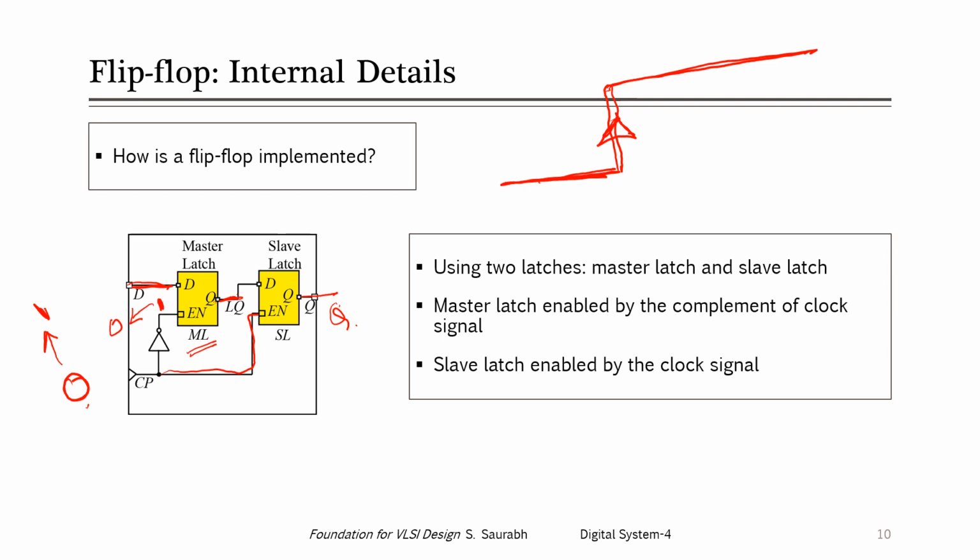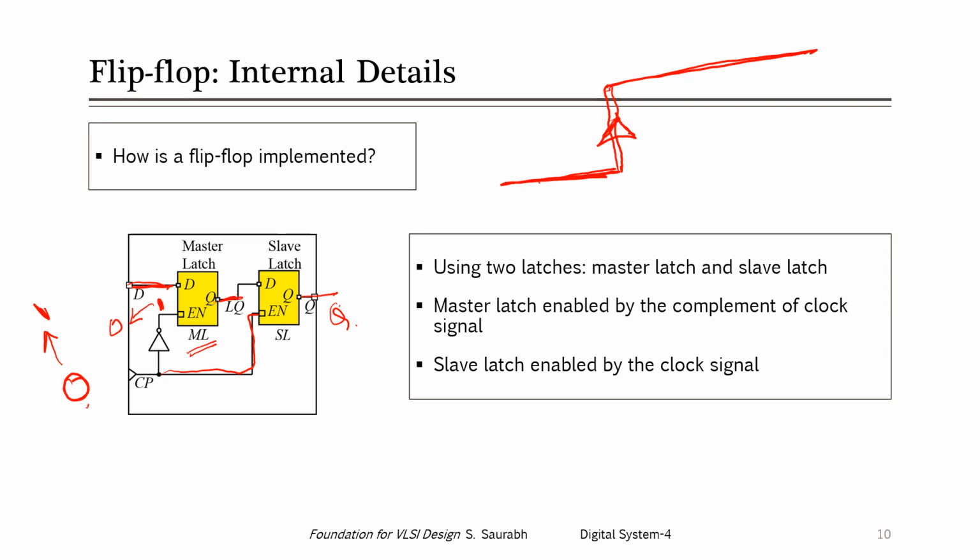So in effect, whatever the value was at the Q pin of the master latch when the clock edge came, that gets produced at the output of the slave latch, and it remains in that state until the next positive or rising clock edge occurs.